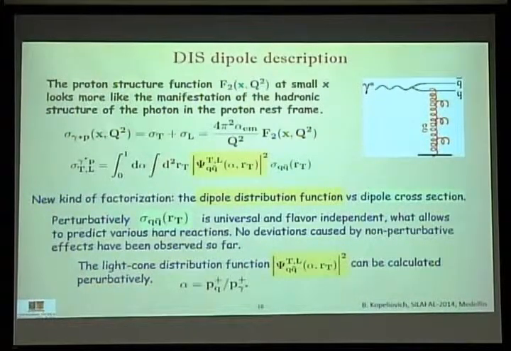Once we have this formula, we need to know the light cone distribution functions of quarks in the photon and the dipole cross-section. And the dipole cross-section, if you treat it perturbatively, it should be universal, flavor independent. You can use it in any hadronic or electromagnetic process wherever you have a QQ bar dipole, and it could be heavy quarks or light quarks, or perturbatively there should be universality.